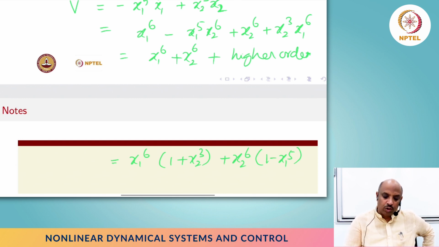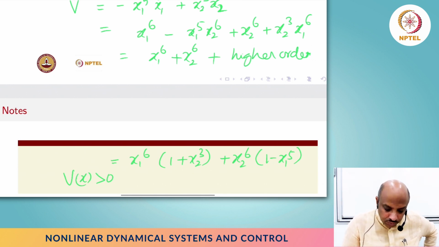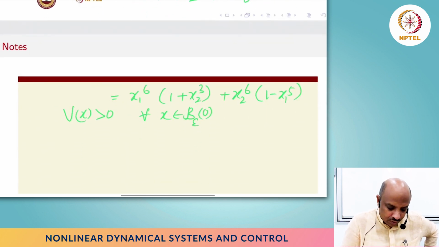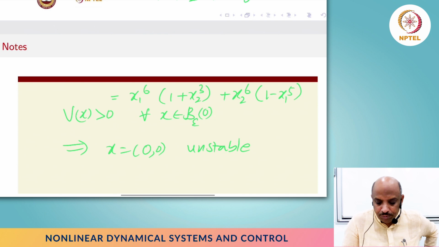So we can find a small ball around which this is going to be positive, right? So that means V of x is going to be positive for all x in some small ball around the origin, showing x equals 0 is unstable. So that means you're not going to go anywhere close to the origin or remain bounded around the origin.